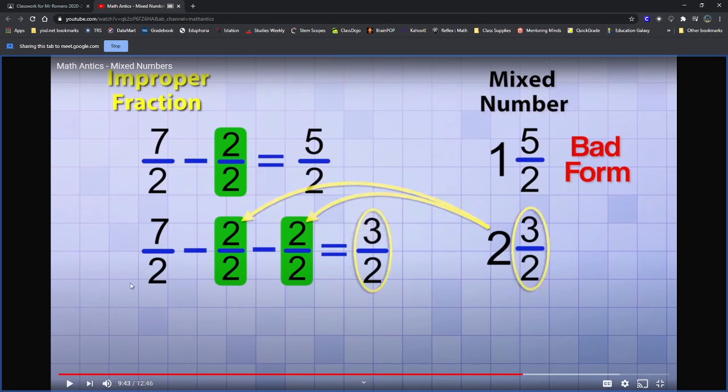So he's showing us this method, and just like the other one, there's a slightly different way that I'm going to be showing you all, but this is another way to do it.